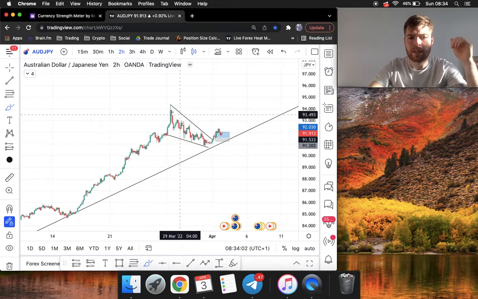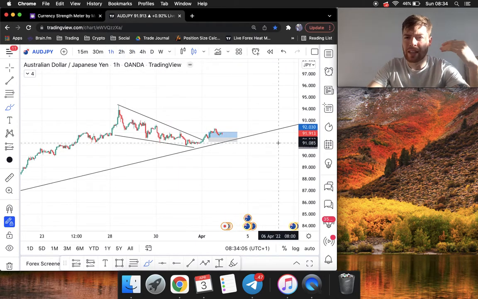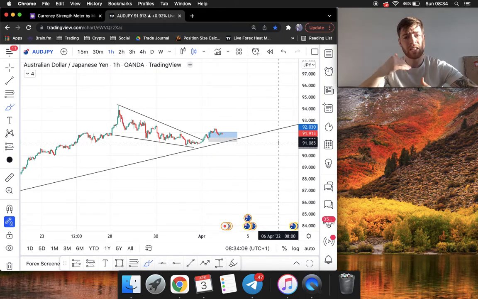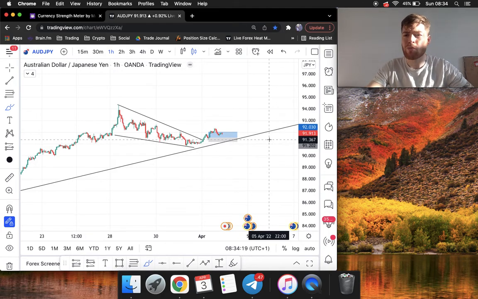2 hour, same thing. 1 hour is where I like to get a little bit more detailed and look for my entry. This is where you come down onto the lower time frames to look for your entry, right? You can enter on the 4 hour, that's fine, but you want to be looking at those 1 hour candles at key times like the London session.